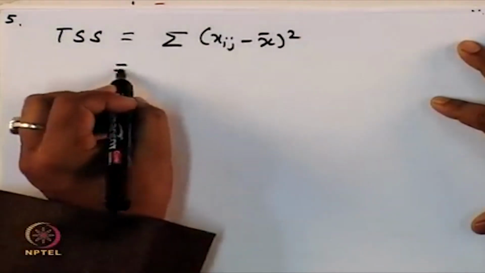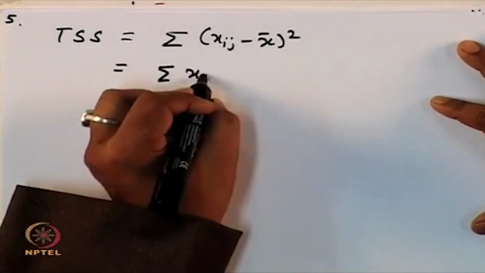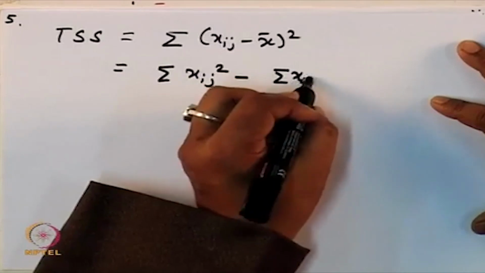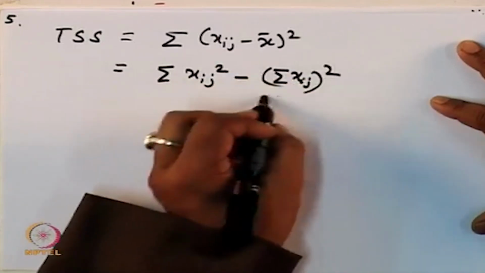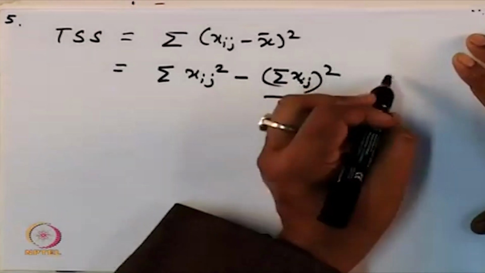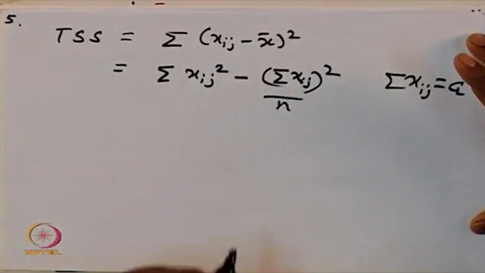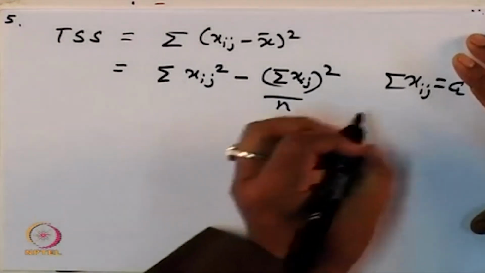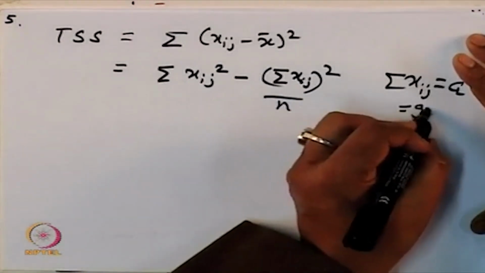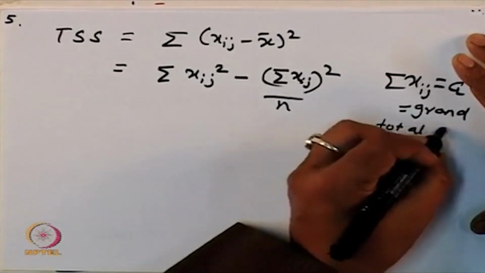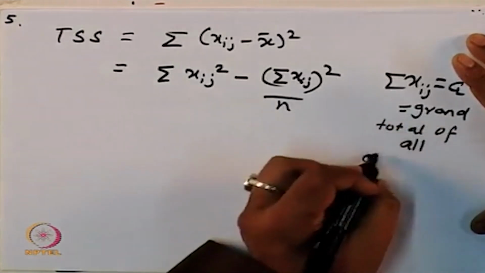You can expand this and write this as summation Xij square minus summation Xij whole square by n. Summation Xij is equal to G. So, G denotes the grand total of all observations.